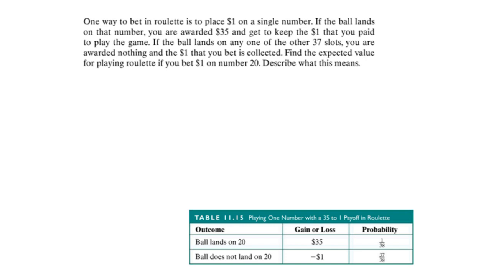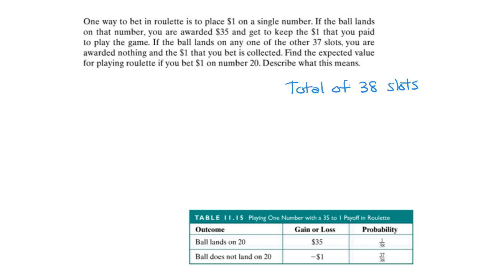Describe what this means. So by reading this, I'm understanding that there are 38 slots that have numbers on them, and you place $1 to bet on your number. So in this case, we're betting $1 on the number 20. Right?